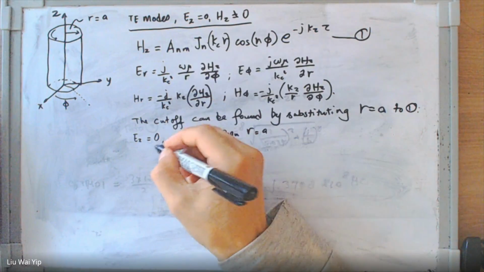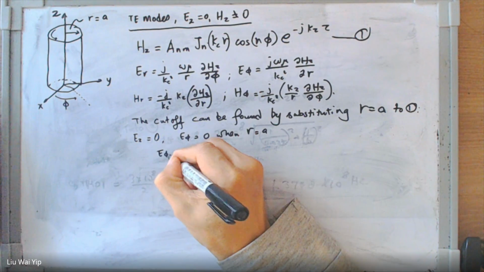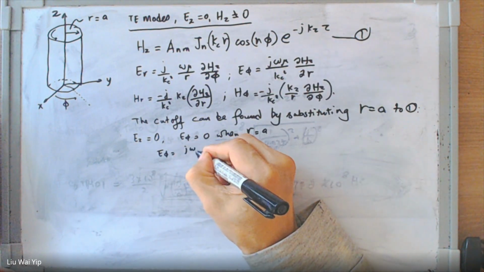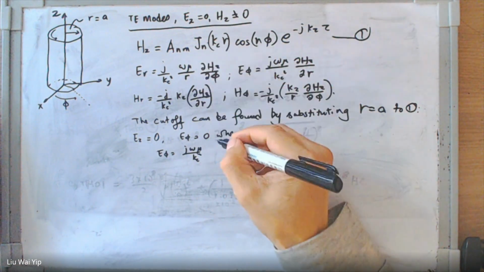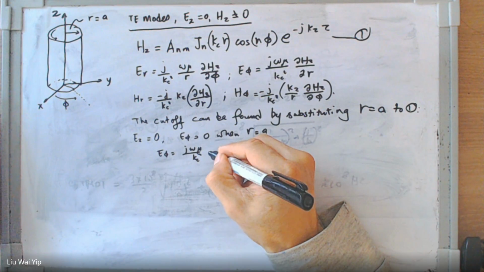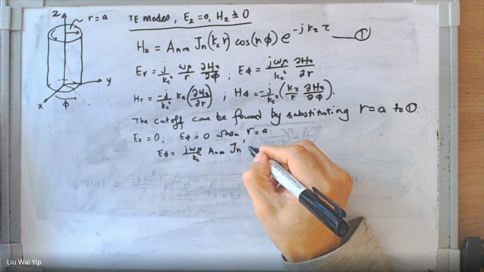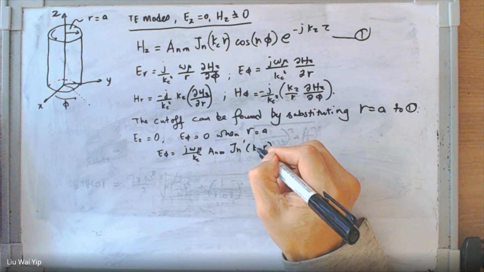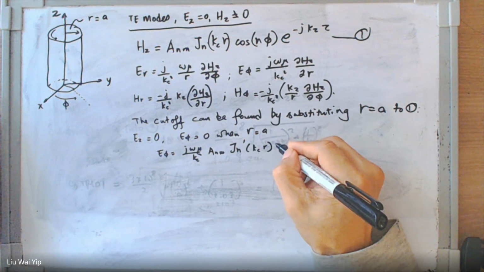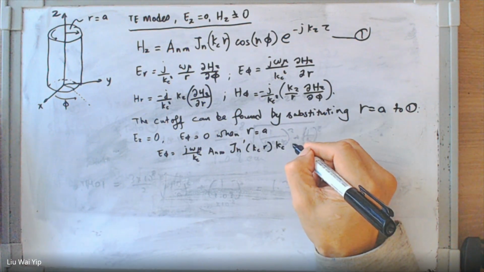Now first you need to calculate the electric field according to this equation, kc squared, and when you calculate this you will get A nm and then Jn kc r. And do not forget that you need to calculate the derivative. And then the rest will be the same.